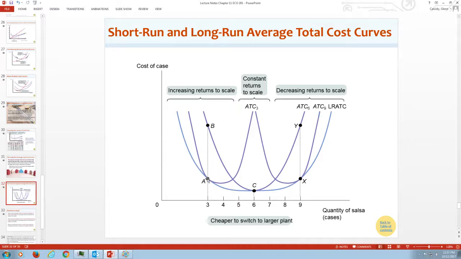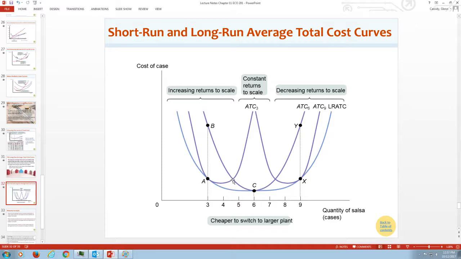So if Celina is producing only 3 cases per month, or even 4, the smaller size facility gives her the lowest average total cost, right? Because ATC3 is below ATC6 all the way up till we get to near 5 cases per month.